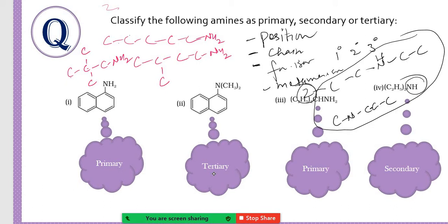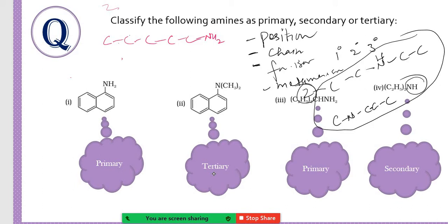Then we can make functional isomers, so it shows functional isomerism. In functional isomerism, from the same compound, I can make a secondary amine or I can make a tertiary amine. For example, let me take this one.